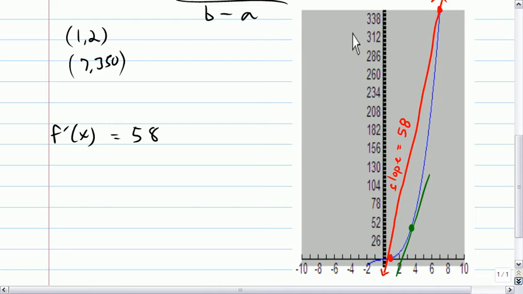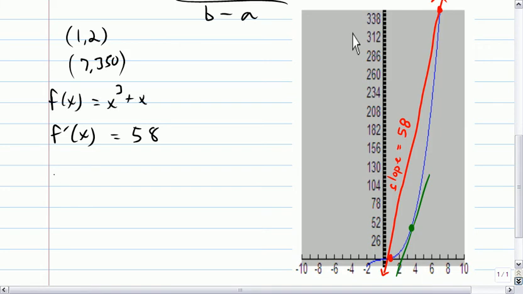So further to the right as far as x values go. I'm thinking somewhere around 4. Okay, well, to compute that, if you want to know when the slope of my tangent line is equal to 58, you've got to find your derivative, and just remember f of x is x cubed plus x.